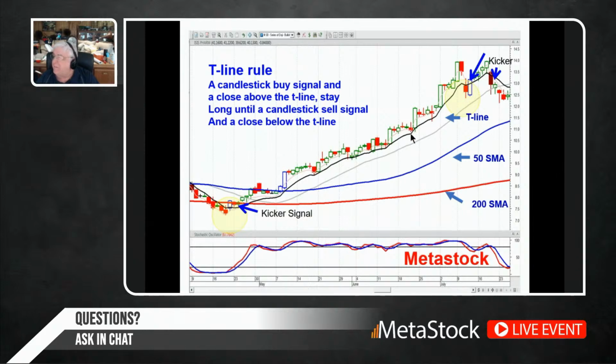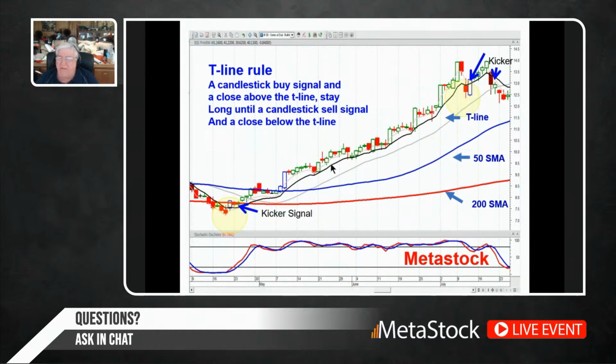The T-line is the most important confirming indicator on this chart. Number one, the candlestick signals are the reasons for identifying changes of investor sentiment, or the cause for identifying change in investor sentiment. The T-line has a very simple rule.